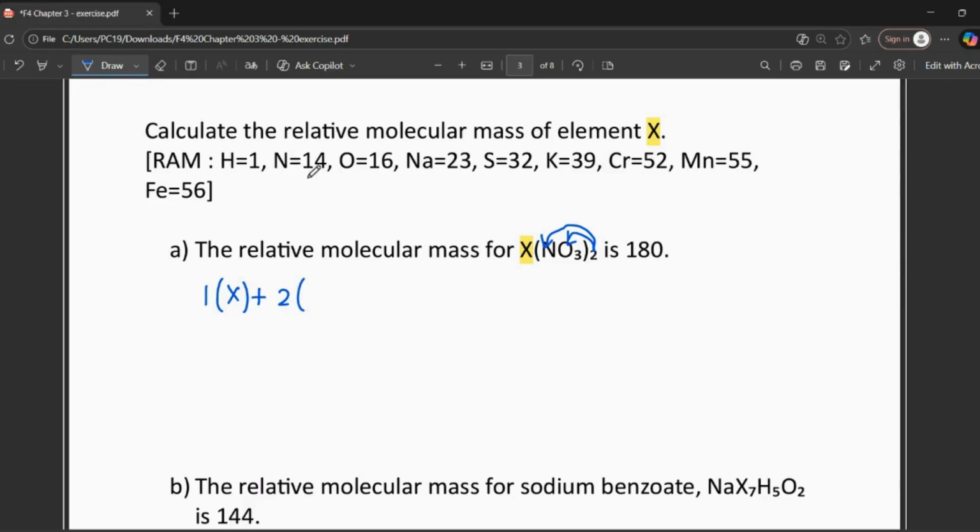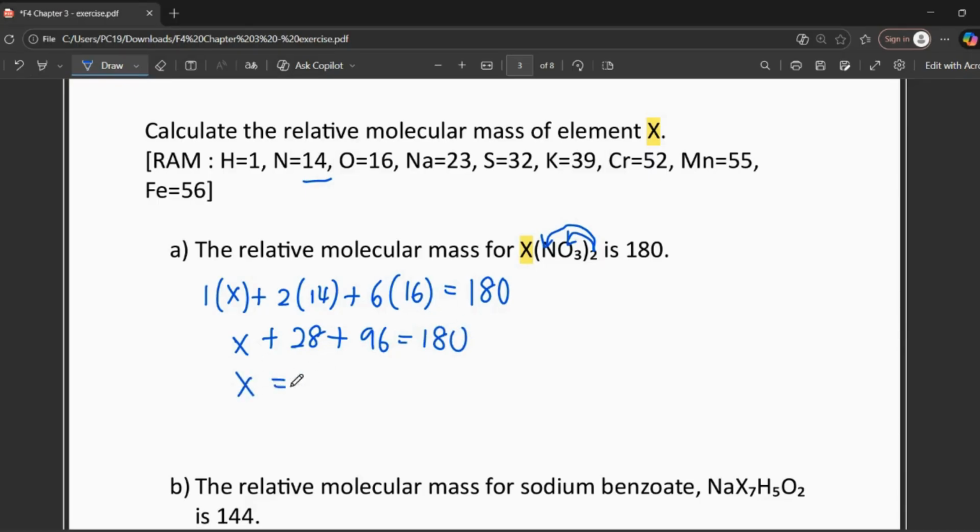The relative molecular mass for nitrogen given is 14, plus 2 times 3 is equivalent to 6. So we have 6 atoms of oxygen, which has the relative molecular mass 180. Now we're going to simplify this equation. Therefore, X is equivalent to 56.